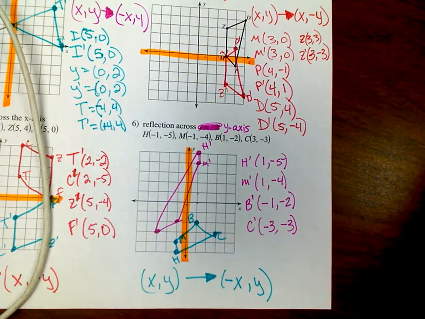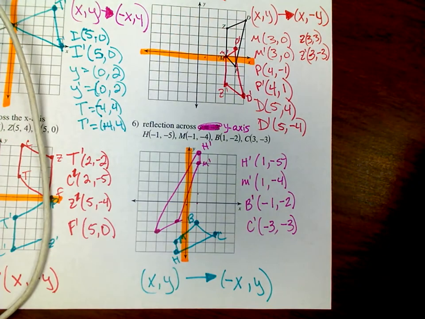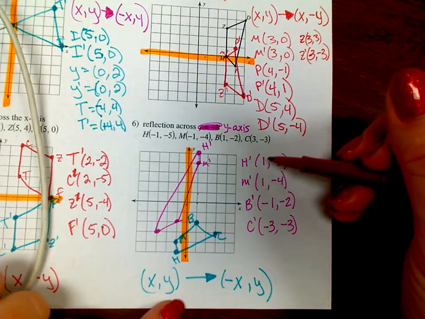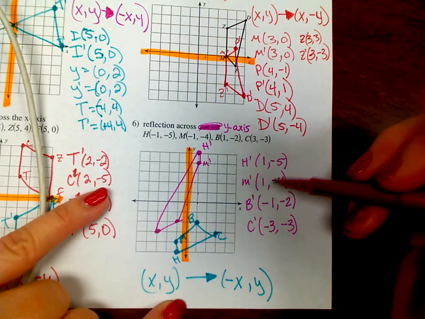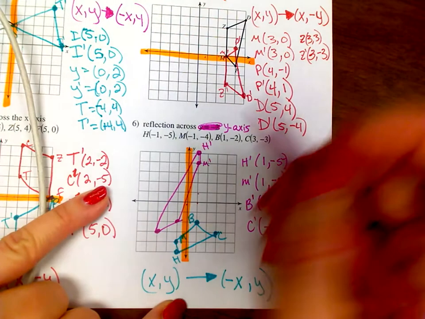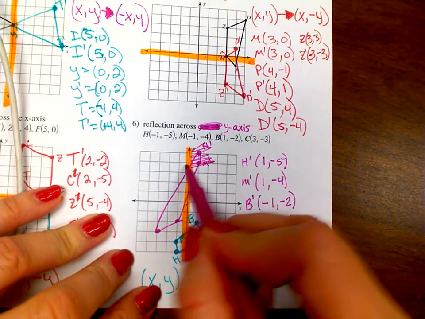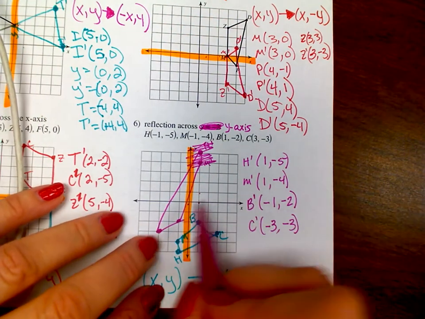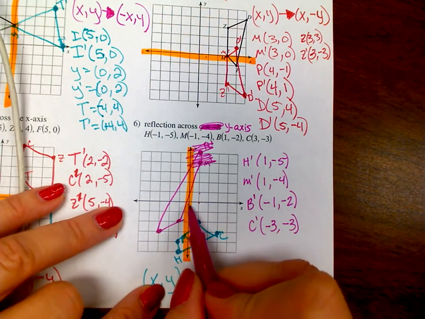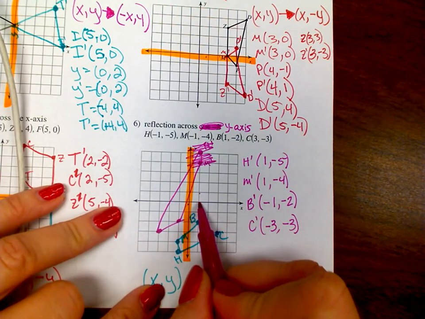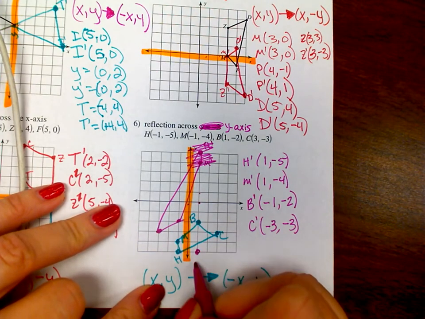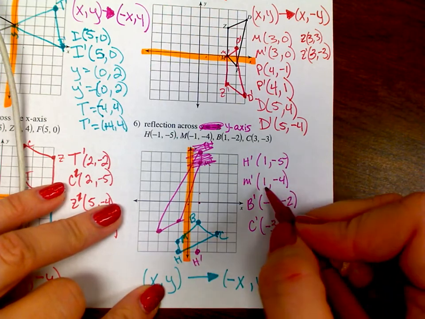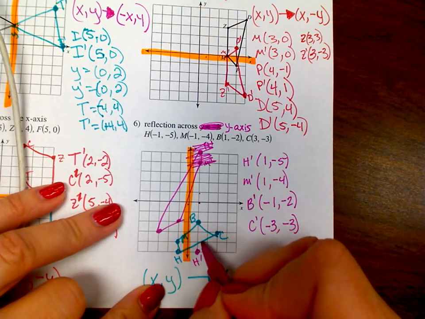So obviously I've done something wrong here. Totally wrong. It has to do with these two numbers. Oh, because I went positive. That's why. I told you I make mistakes too. So this would be 1, -5. And 1, -4.